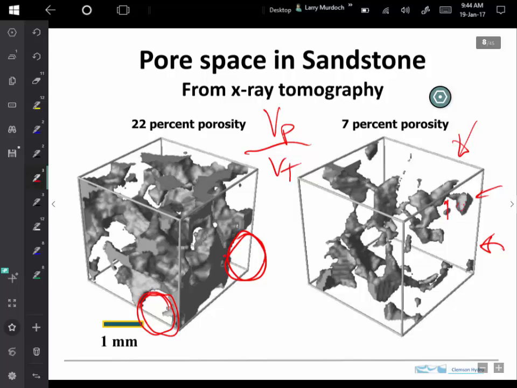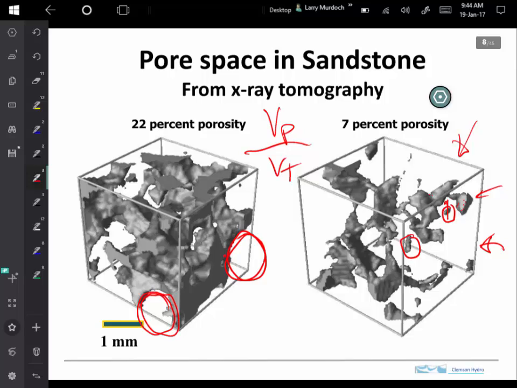So this pore is connected to this space, but there's a very narrow neck that it has to go through. In other cases, there are these blobs like that one there, or that one there, where the pores are isolated, at least according to this image. And so you can see how that would happen, I think, with this vesicular basalt, but in other cases, you can also have the pores isolated.